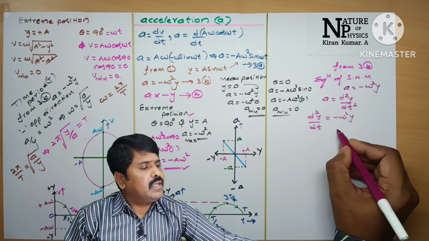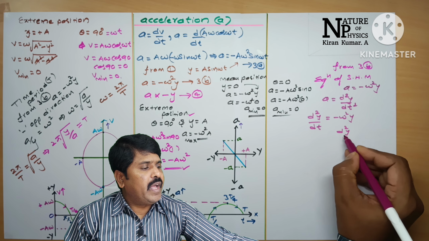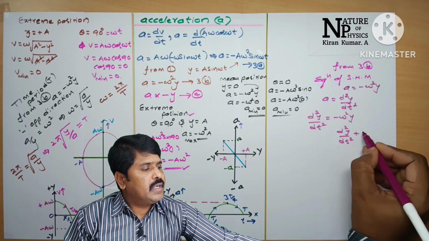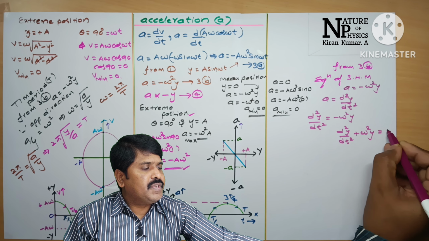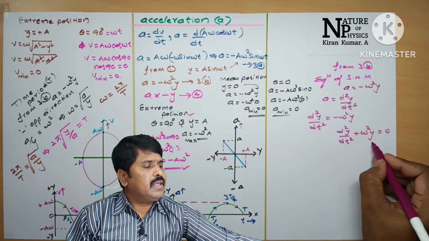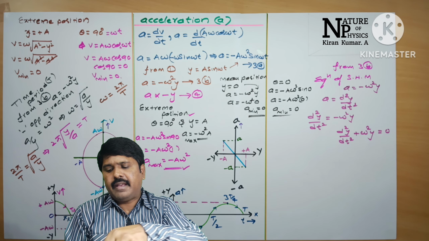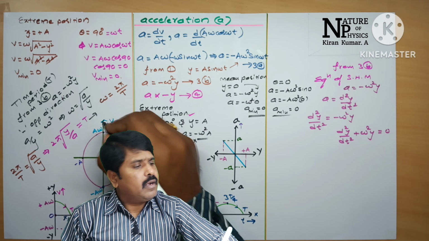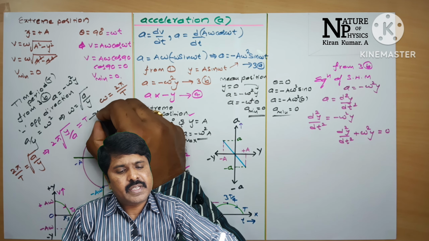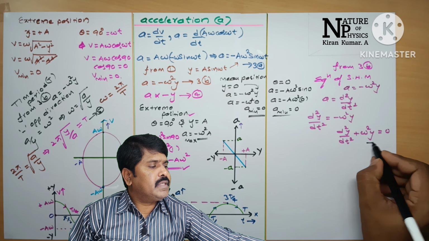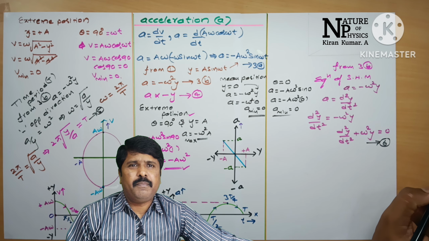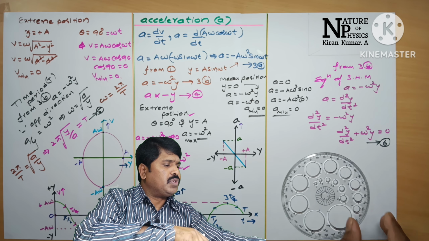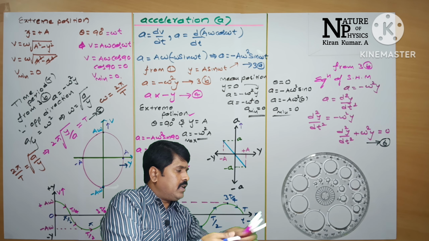And the last equation, d square y by dt square plus omega square y is equal to 0. This equation I can write as the time period equation continuation. This is the fifth one, and this is equation number 6. Then, continuing, the last step, I am going to discuss the positions here.